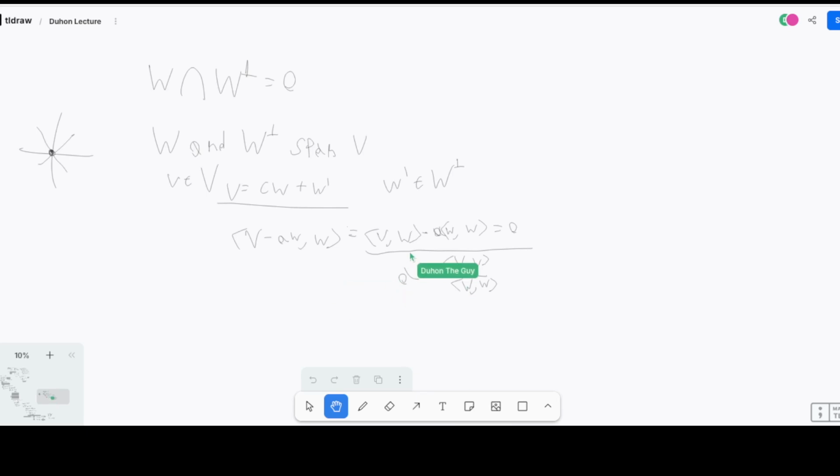And that is very good because now we have A. Now we're going to set W prime, which is the W line up here, equal to V minus aW.